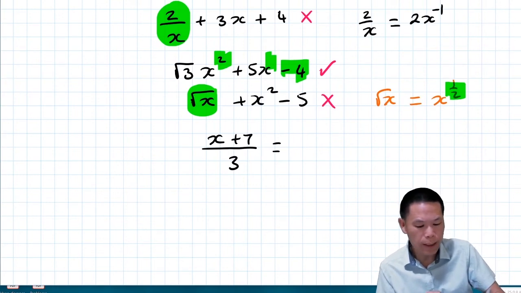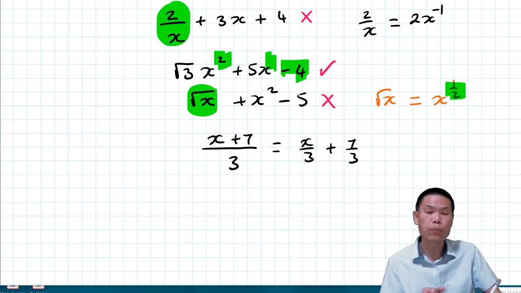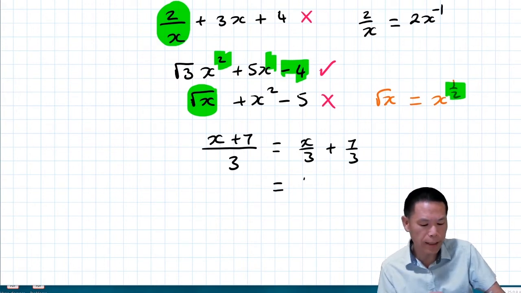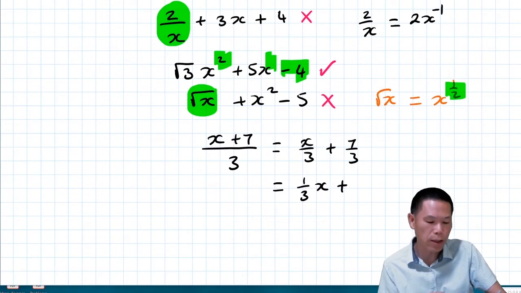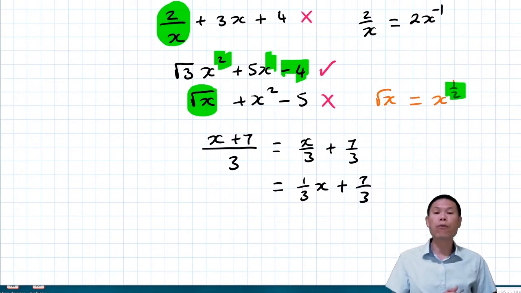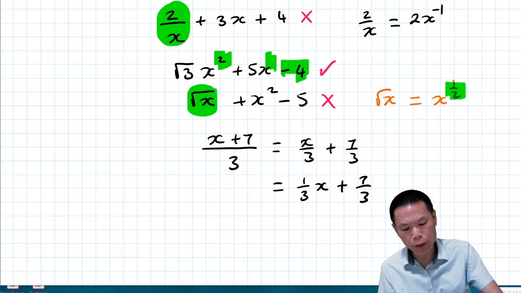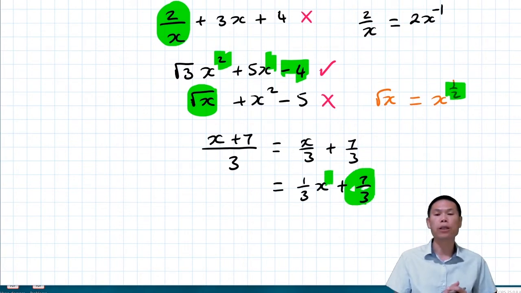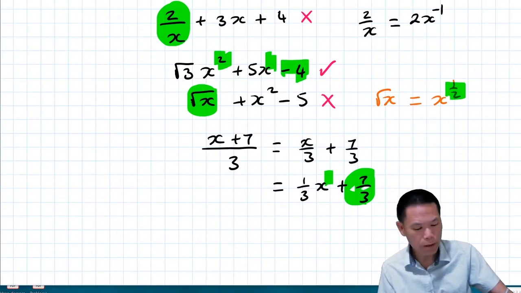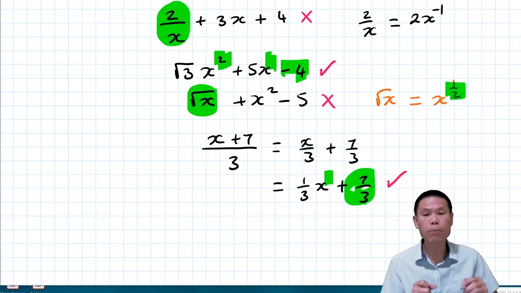This is exactly the same as x over 3 plus 7 over 3, or you can write it as 1/3 of x plus 7 over 3. Therefore, it is a polynomial because we have x to the power of 1 and we add a constant. So please keep that in mind.